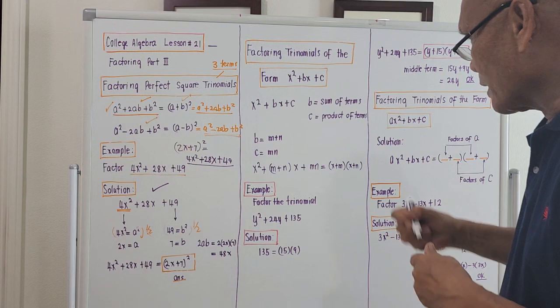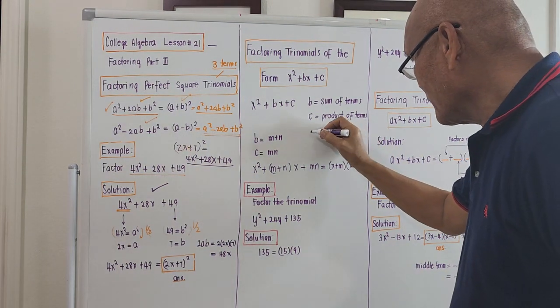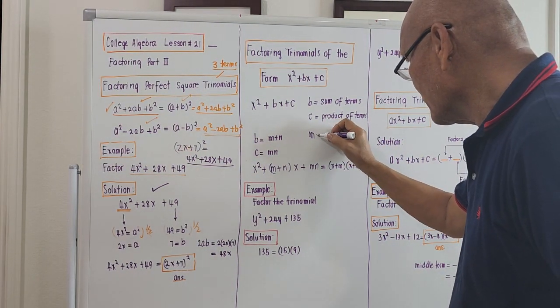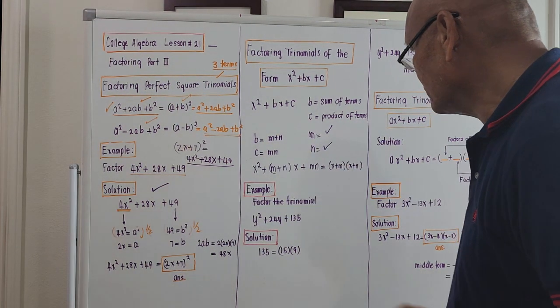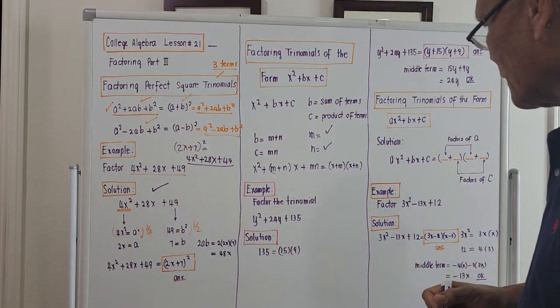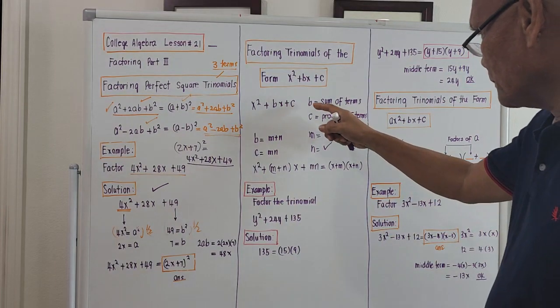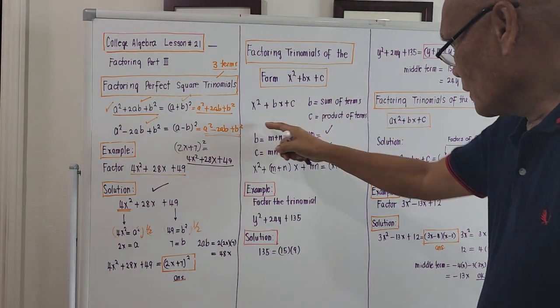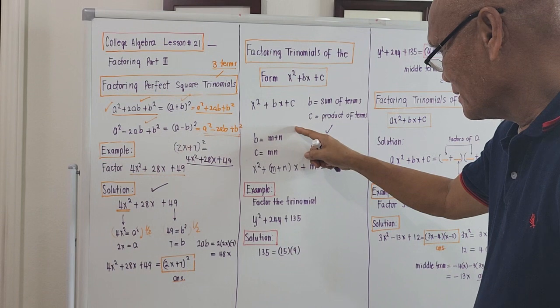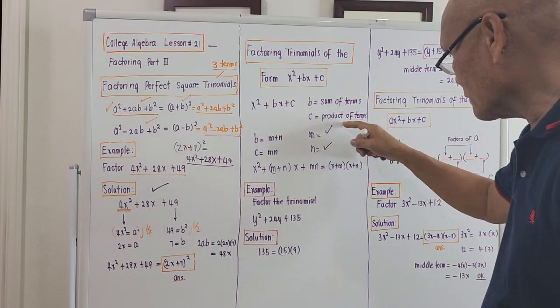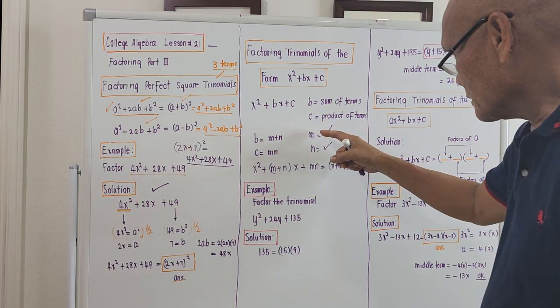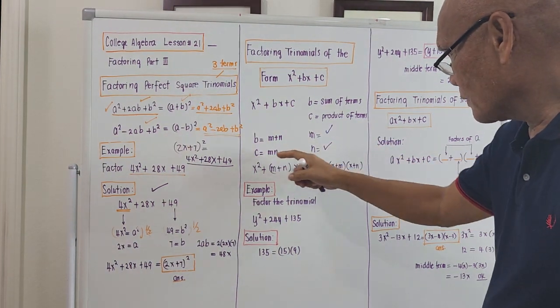And the terms we are mentioning is actually m, the first term, and n, the second term. So from our representation, if b is the sum, b will be m plus n, and c, we said, is the product of the terms. So if the terms are m and n, c will be equal to mn.